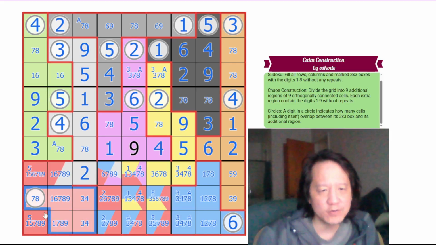Red is 7 or 8. So red cannot reach here. So blue has to include there. So that's 1, 2, 3, 1, 2, 3, 1, 2, 3. So blue can never reach there.